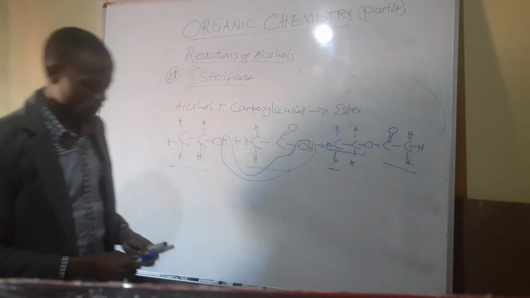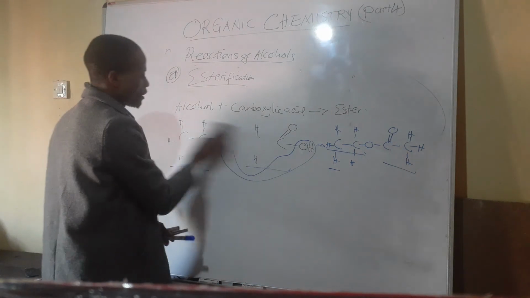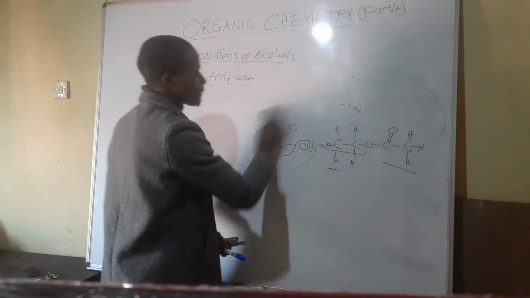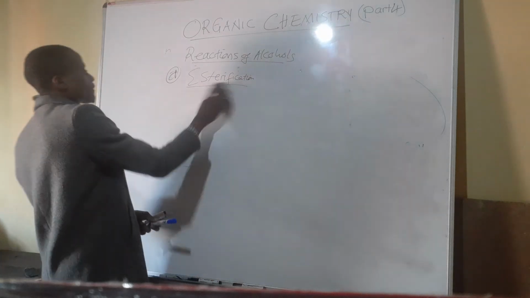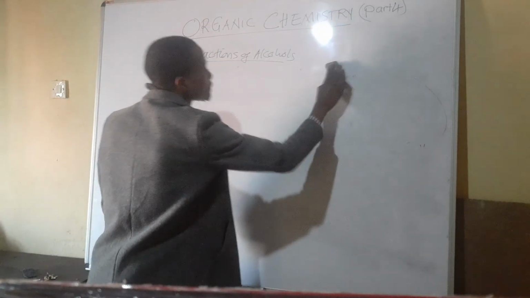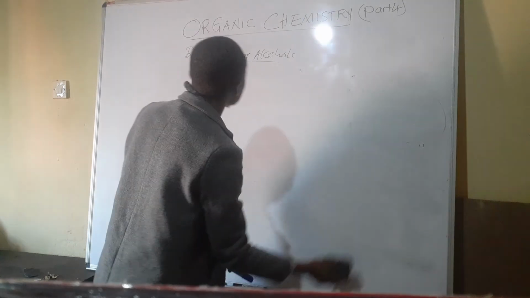What do you think are some of the uses of alcohol? Alcohols are used as fuels. Apart from that, alcohols are used to make methylated spirits.